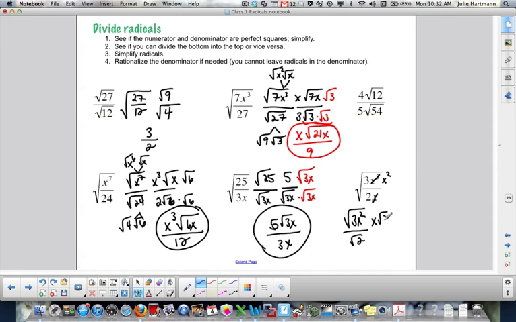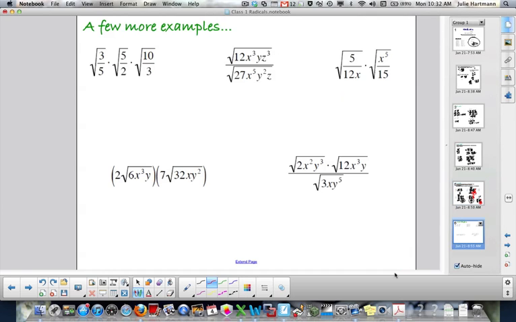That's going to be x root 3 over root 2. And then you have to rationalize, so multiply by root 2 gives you x root 6 over root 2 times root 2 is 2. Again, yes, 2 goes into both 2 and 6, but 6 is underneath the radical, so you cannot simplify that. Okay, so some more examples.